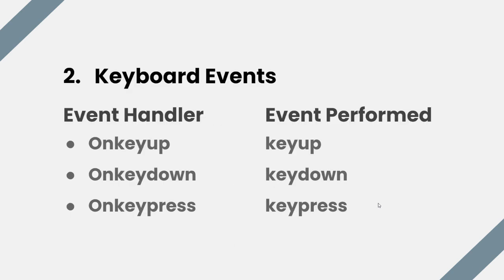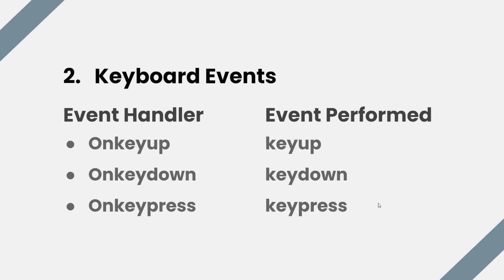The next set of events we have is the keyboard event, and this particular event affects any kind of keyboard action. So very briefly, we have about three of them, but this might not be all of them, but these are the basic ones we need to know of.